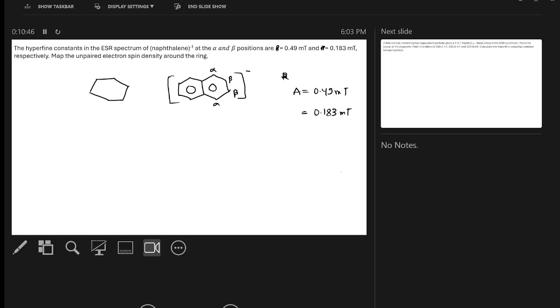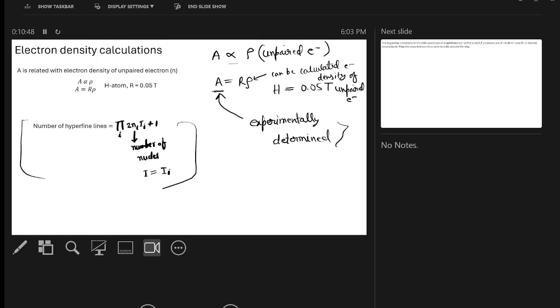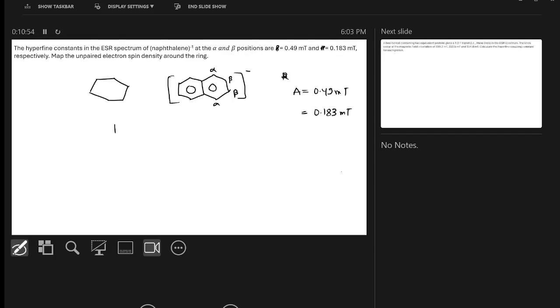Now let's try to write this equation. A is equal to R rho.